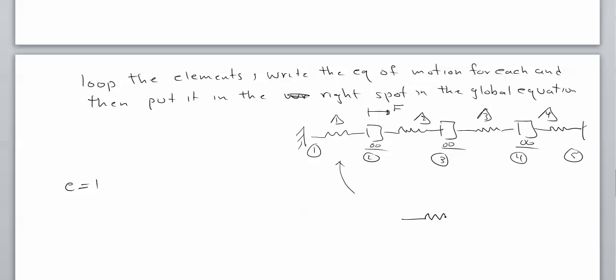In principle, I can view it as a spring with a stiffness K1. Let's think about it as this is node number 2, and this is node number 1, or mass 2 and mass 1.